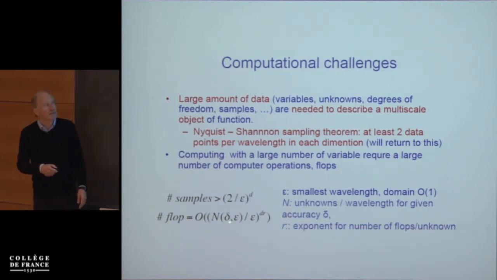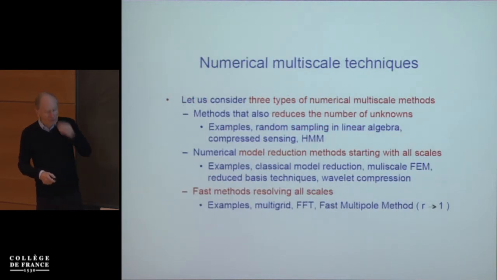Now we are attacking the number of samples in the setting there. So there are sort of 3 types of problems, the methods in numerical analysis to handle these multiscale problems.